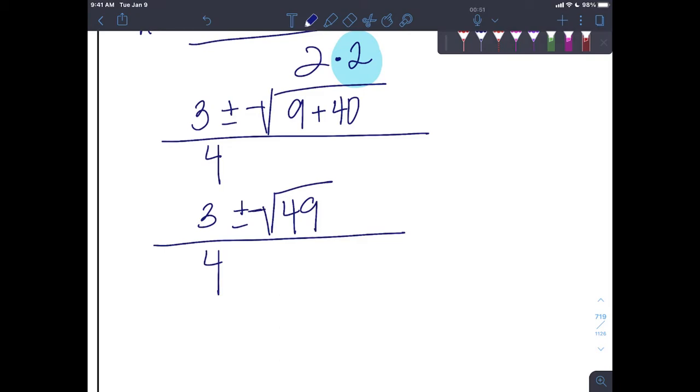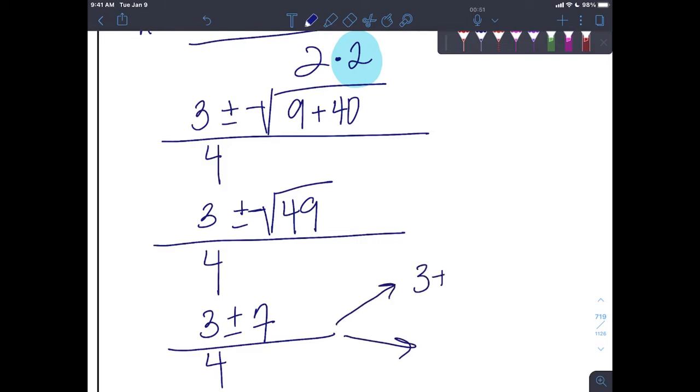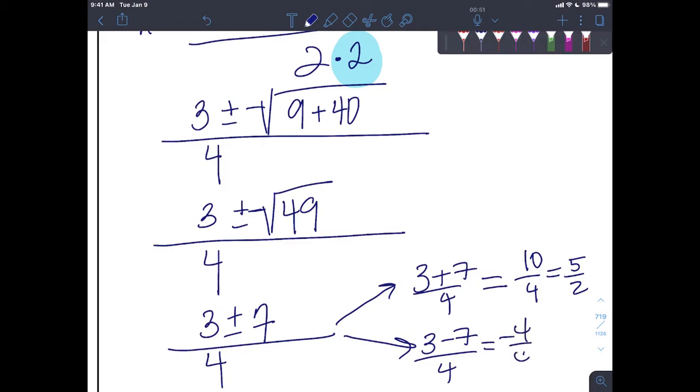Okay, 7 times 7 is 49. 3 over 4 plus or minus 7. Now I can break it apart. 3 plus 7 over 4. 3 minus 7 over 4. So I should have one 0 located at 2.5. And I should have another 0 located at negative 1.